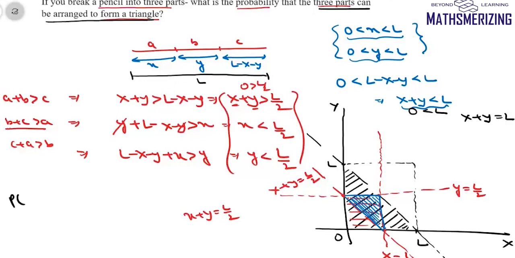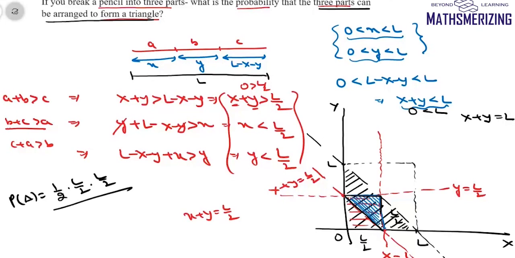Now we'll calculate the probability that these 3 pieces will form a triangle. So what is the favorable area? Favorable area is the area of the blue triangle. So this is half. Now what is the length of this side? It is L by 2, and this also is L by 2. So half times L by 2 times L by 2. And then what is the total area in the problem?